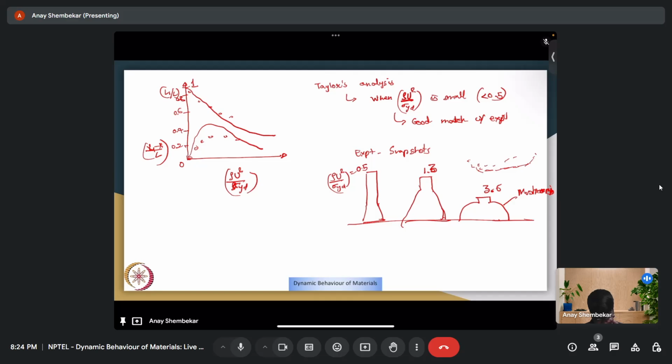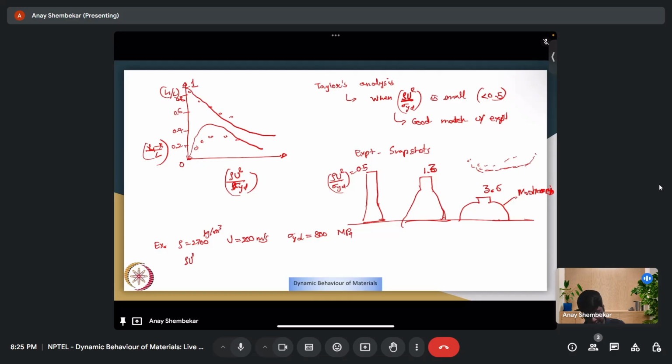So depending on the values of say rho, u and sigma yd, you could find out what your analysis looks like. Suppose you have rho equal to 2700 kg per meter cube, u is 200 meter per second, and sigma yd is say 800 MPa.